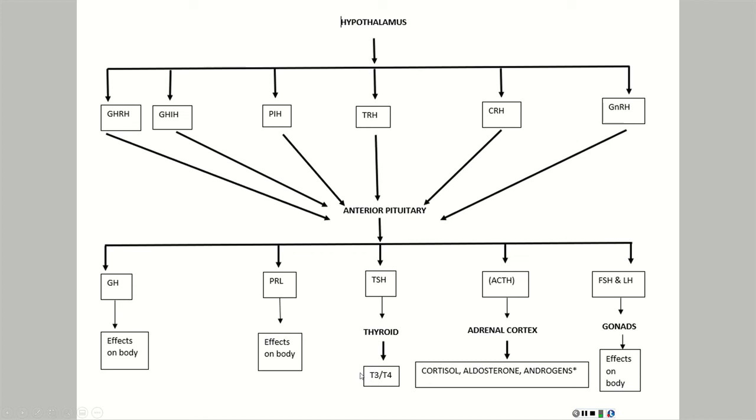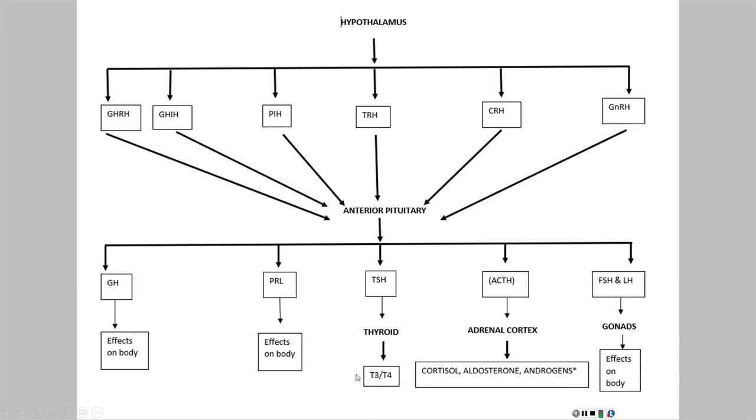T3, T4 levels rise, so it feeds back and tells the hypothalamus and anterior pituitary to stop making their hormones. But the anterior pituitary continues to make too much TSH, which continues to tell the thyroid to make more T3, T4, which continues to go higher and higher. So in that case, the problem is with the anterior pituitary.